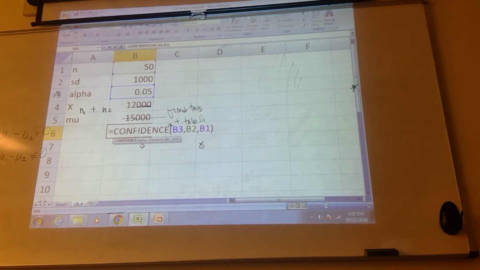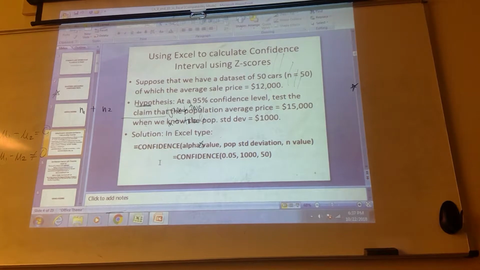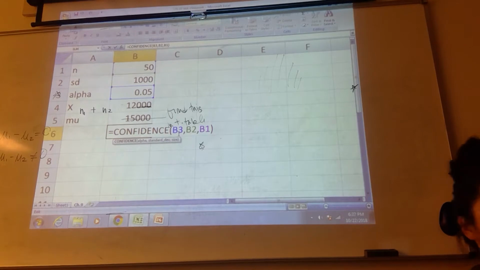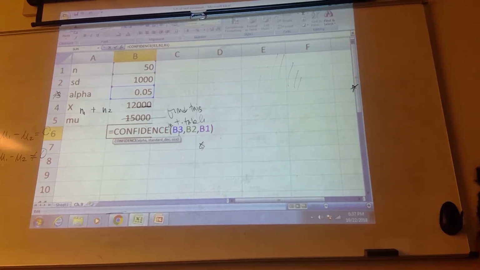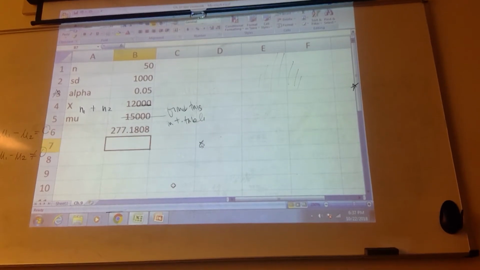In the slide they put the actual numbers, and I created a table using Excel, so it's not quite the same as the slide. 277, yes, sorry.